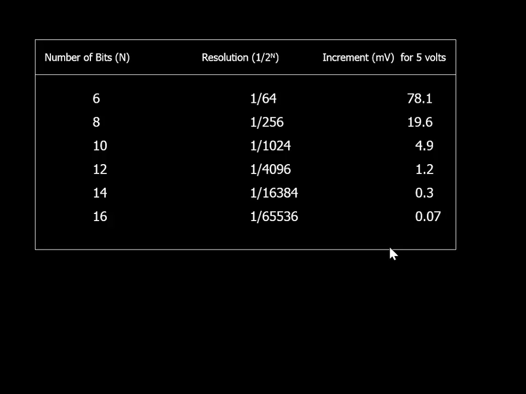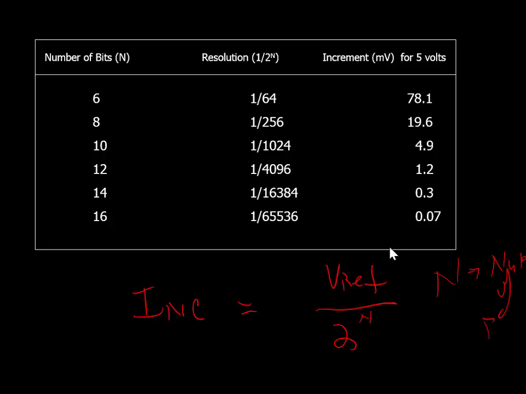So that's the formula that you need to know: your increment is equal to V reference, and I'm repeating this, divided by 2 to the n, where n is the number of bits for your A to D converter.